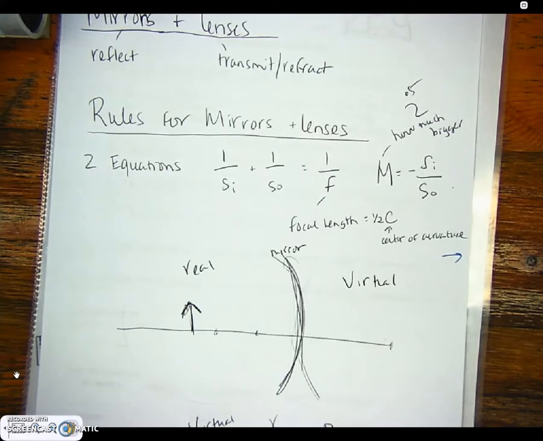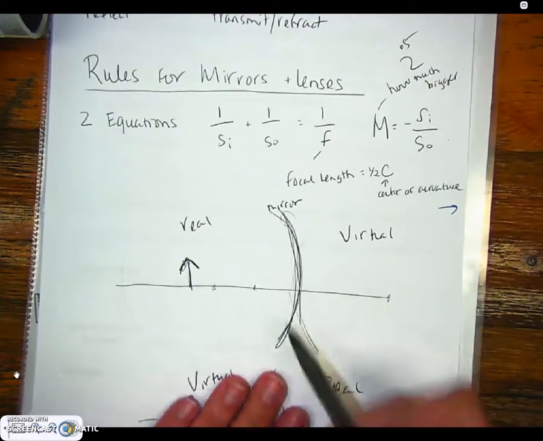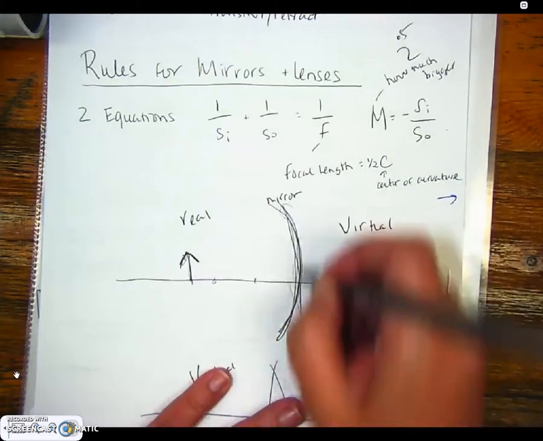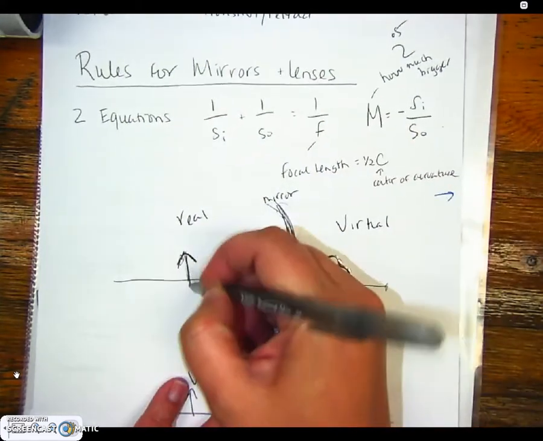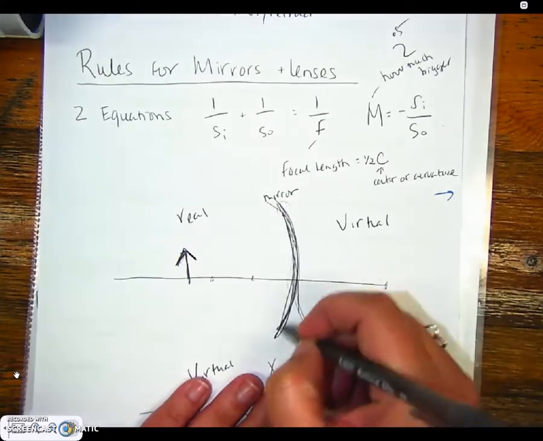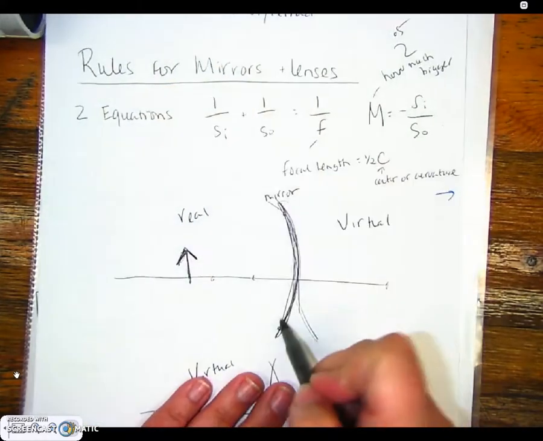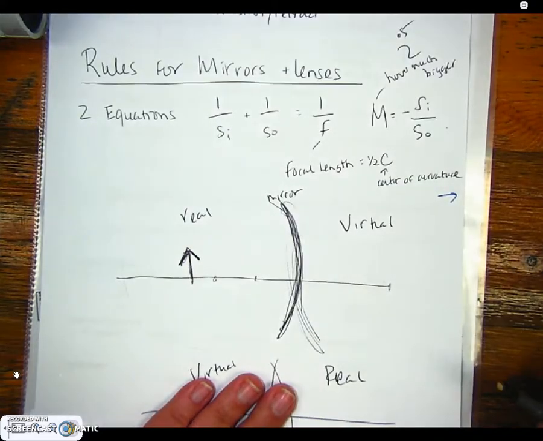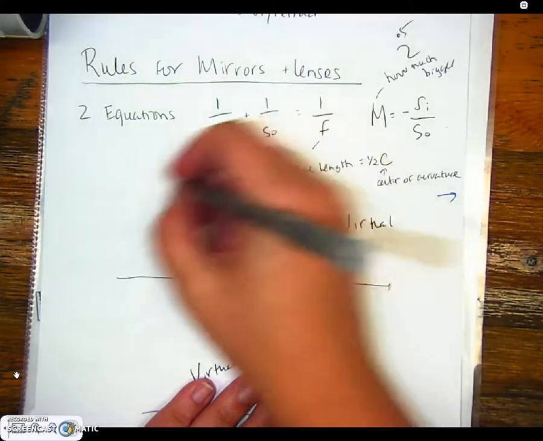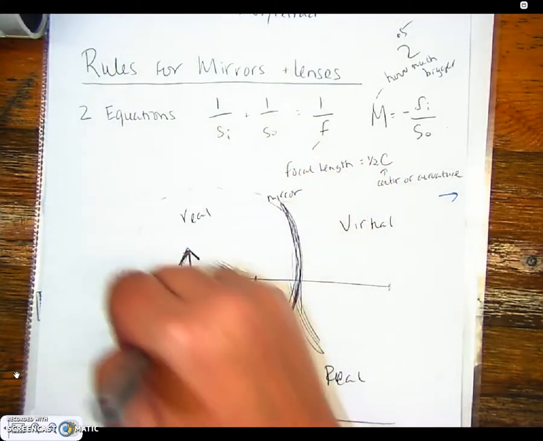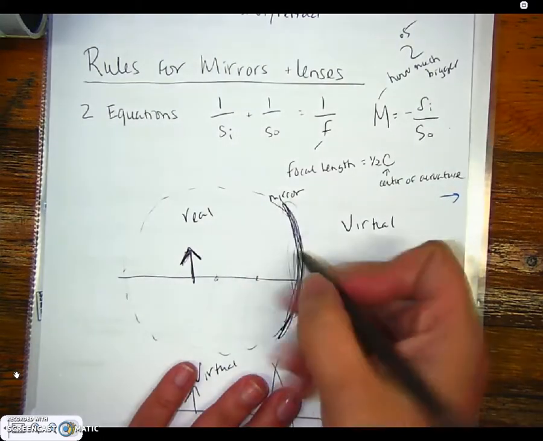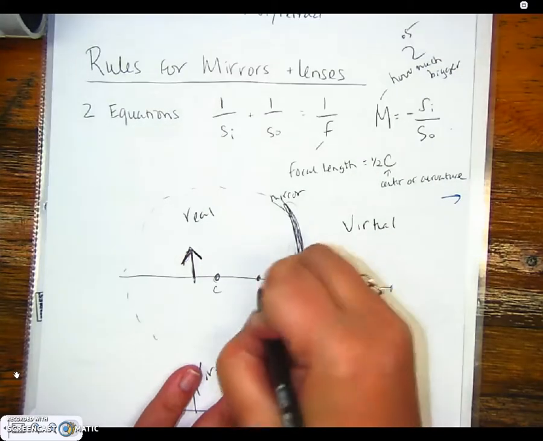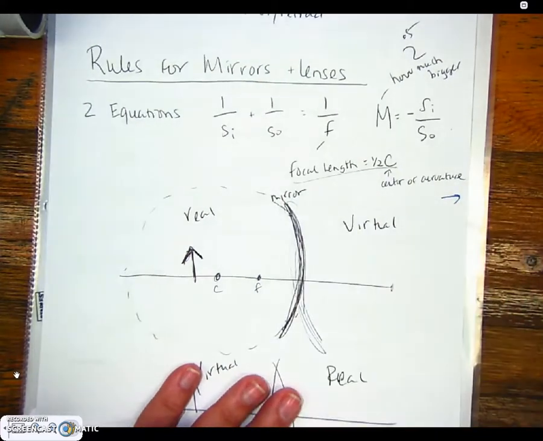All right, so if we were to have a mirror, we're really dealing with curved mirrors here, either convex or concave mirrors. Here I have a mirror, and if there's an object over here, this curving toward the object is a concave mirror. If it was to go the other way, that would be a convex mirror. There is a curve that would be completed by some circle, and the center of that circle is called the center of curvature, and half of that is called the focal length.